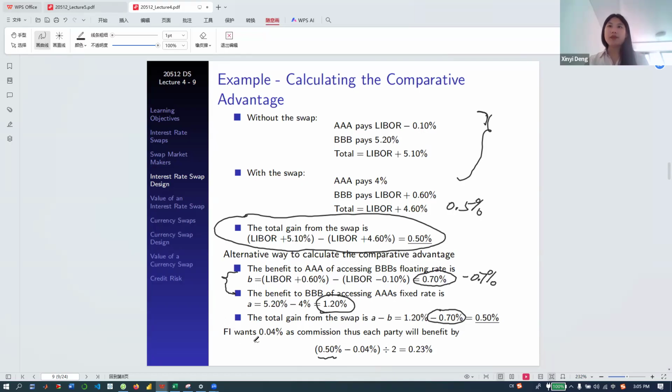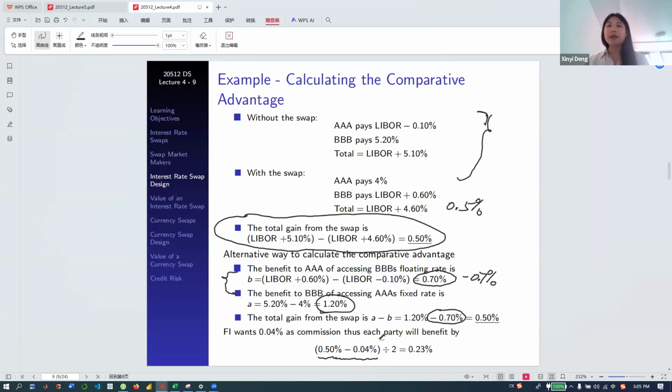Now, don't forget that we have a financial institution, the financial intermediary, standing in the middle, and they want the commission. So in this example, the financial intermediary wants 0.04% as a commission. So basically, we will have to subtract that commission from our gain. That would be the net gain of AAA and BBB.